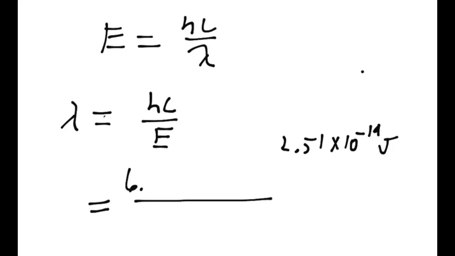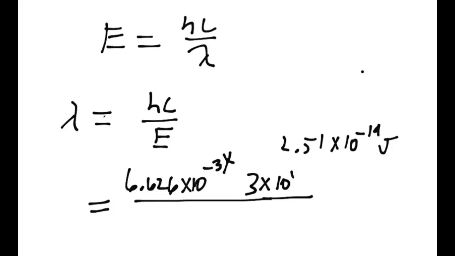So h is 6.626 times 10 to the negative 34th, and c is 3 times 10 to the 8th, and that's multiplied. And then on the bottom, we bring in our number here, 2.51 times 10 to the negative 19th.